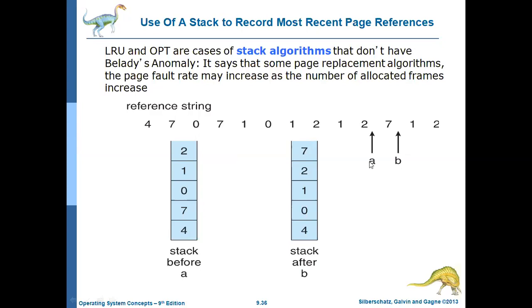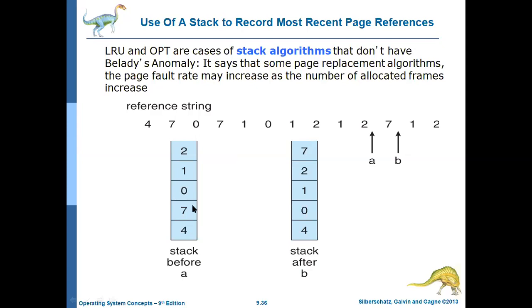Before this particular pointer, called B, and now after B, the stack after B: how many entries are there? 7, 1 and 2. In this case, what happens is that the last referenced one is taken from the middle, and the replacement happens from there. So 0 is replaced in the position of 7, and 7 is replaced in the position of 4.